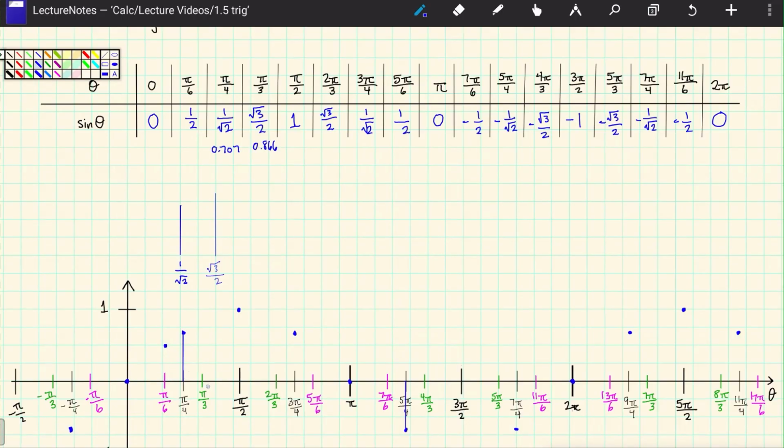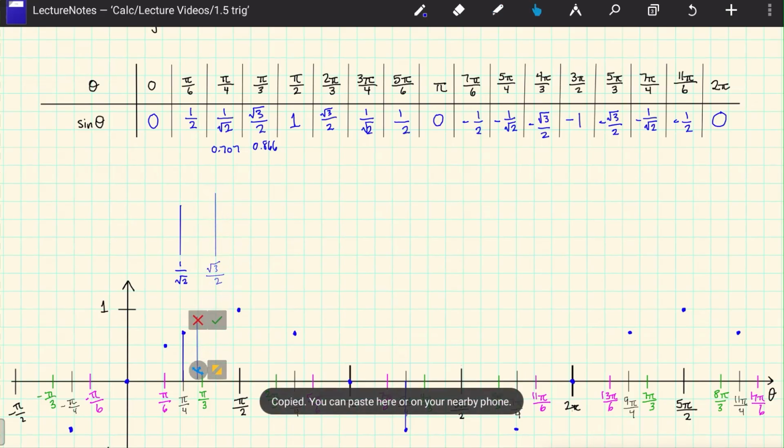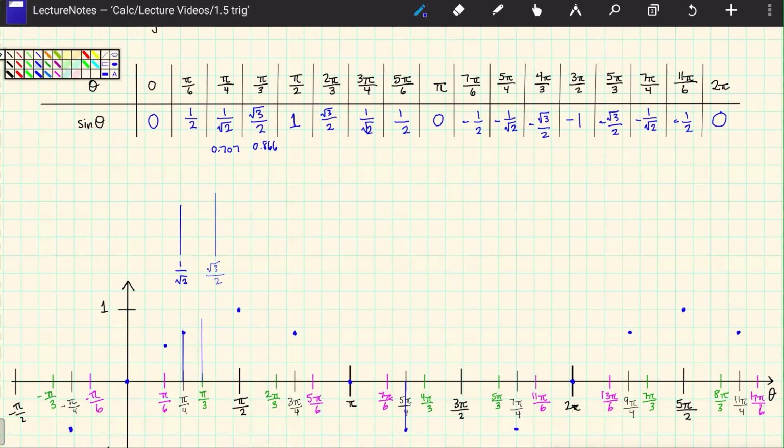And then at pi over 3, my y-coordinate is √3/2, and I am just going to take a copy of that height here so I can see where it lands. And then I'm going to copy that height at 2 pi over 3. The sine of 2 pi over 3 is again √3/2. Copying that height. The sine of 5 pi over 6 is 1/2.